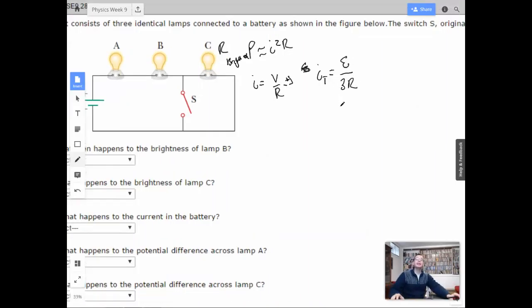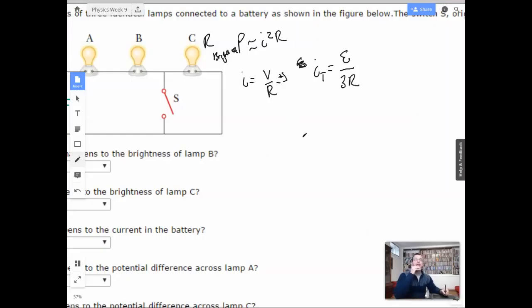Okay, so after we close the switch, I'm going to call this initial and call this final. It's going to be epsilon over 2R. So the idea here is originally we had 3 light bulbs in series, so current had to go through each of them.